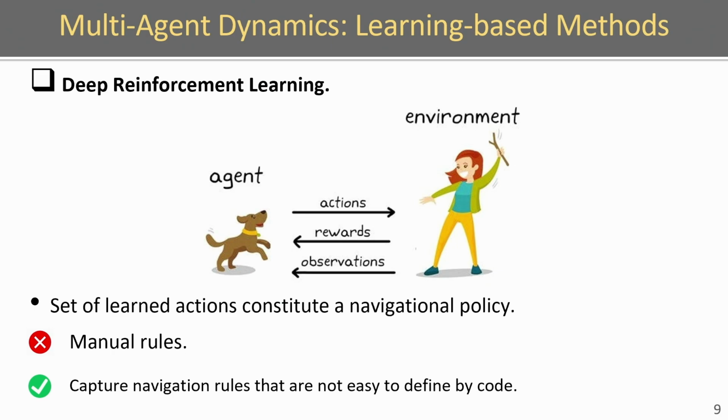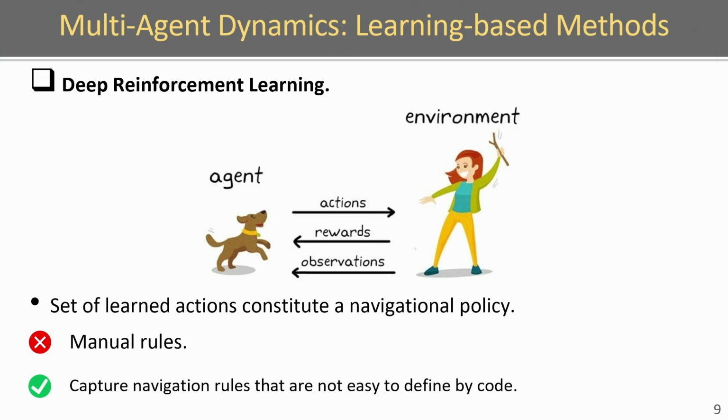Based on the action, the environment gives them either a positive or negative reward, and based on this reward, agents ultimately learn whether they need to repeat the same action in the next time step or not. By iterating through this trial and error process, they eventually learn how to navigate in a crowd space.